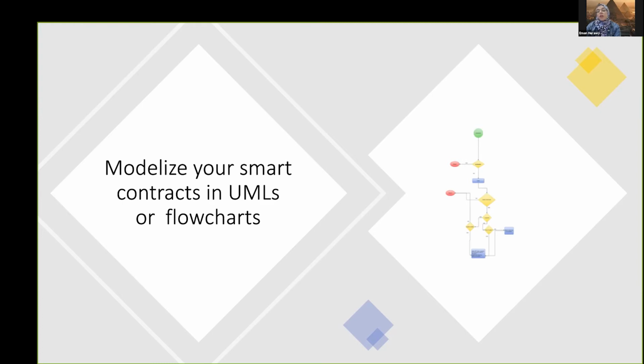So before you start, you need to draw a flowchart or UML for the data or the value you are trying to guard or keep in your contract, for each public function, to be honest.